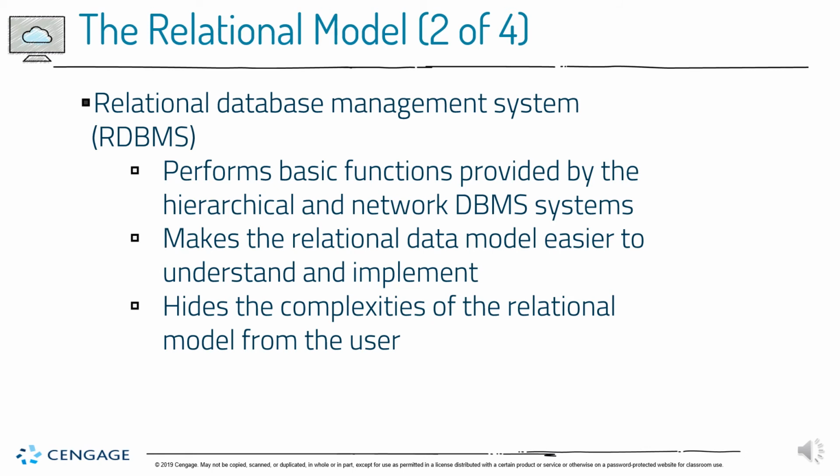The most important advantage of the RDBMS is its ability to hide the complexities of the relational model from the user. The RDBMS manages all of the physical details, while the user sees the relational database as a collection of tables in which data is stored. The user can manipulate and query the data in a way that seems intuitive and logical.